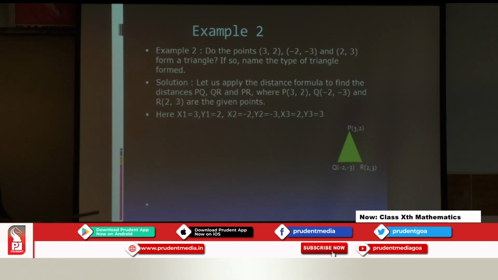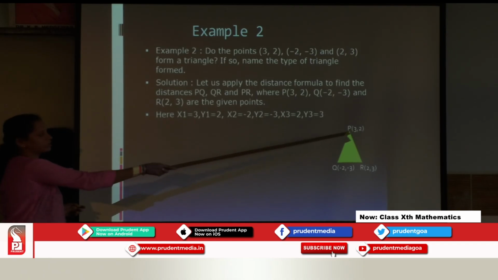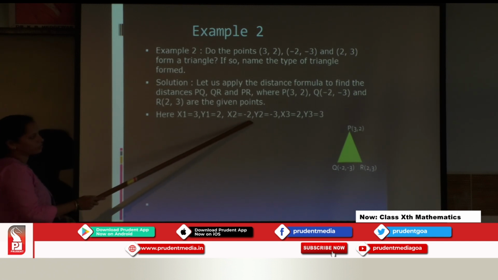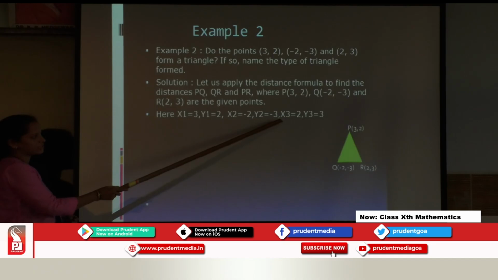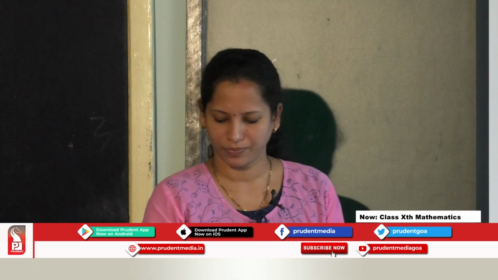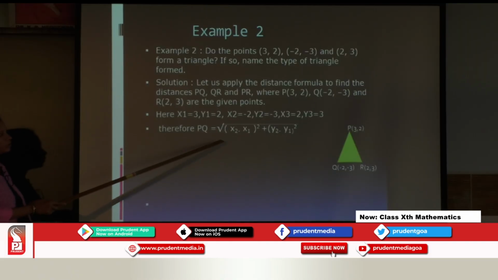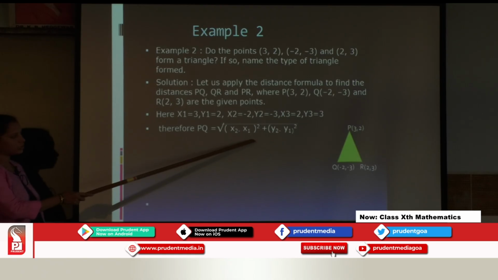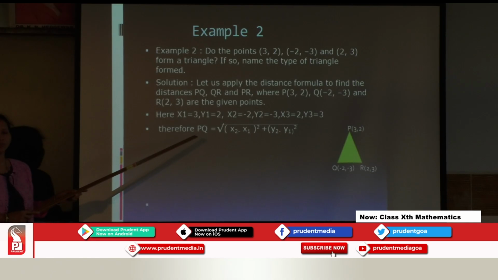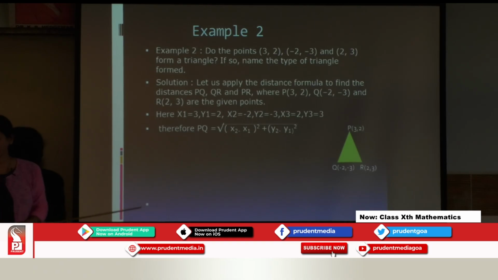So x1 is equal to 3, y1 is equal to 2, x2 is equal to -2, y2 is equal to 3, x3 is equal to 2, y3 is equal to 3. Therefore, PQ is equal to root of (x2 minus x1) whole squared plus (y2 minus y1) whole squared. This is the distance formula to find PQ.